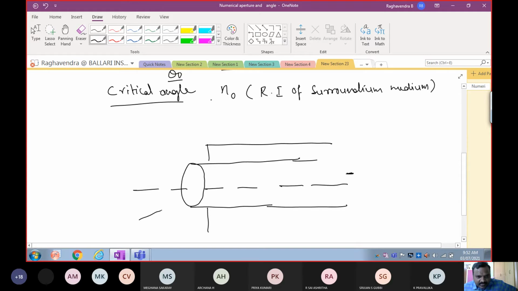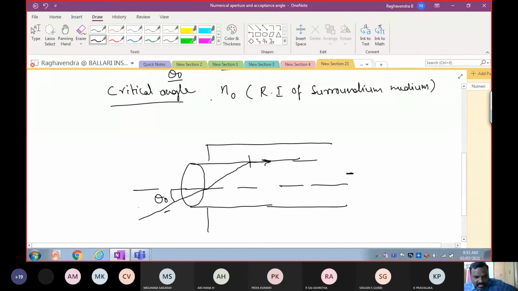Okay, this is the angle of incidence, whose angle of incidence is theta naught. See, for a particular angle of incidence, the light ray grazes the interface in between the core and cladding. So this particular angle of incidence is what we call the critical angle. Have you understood this? Yes, sir.